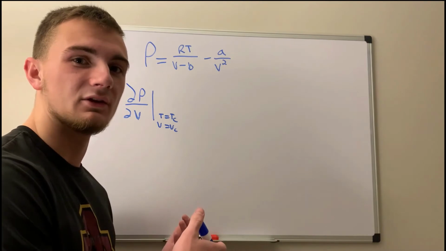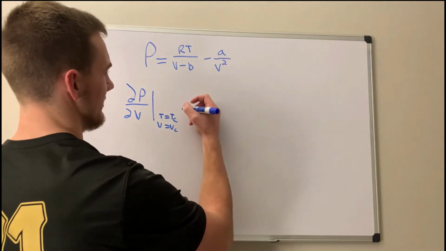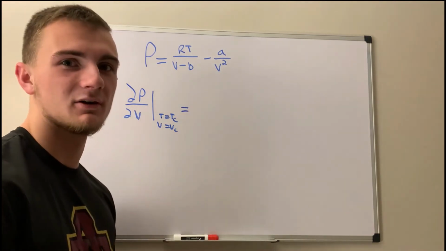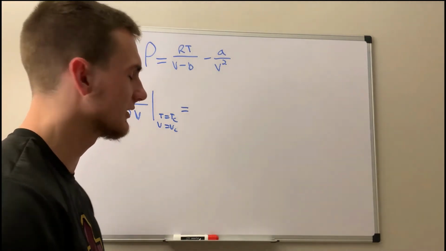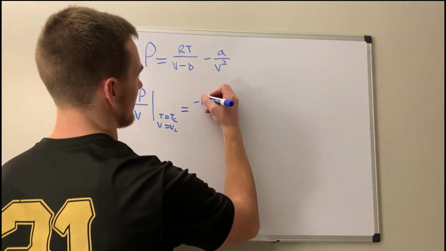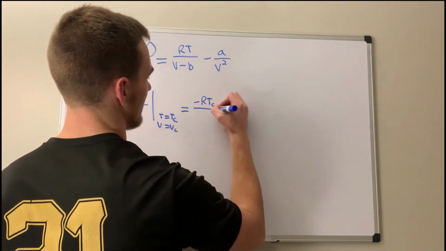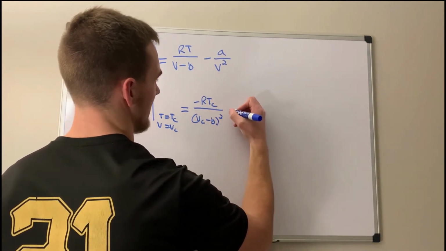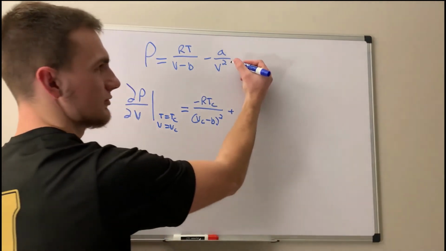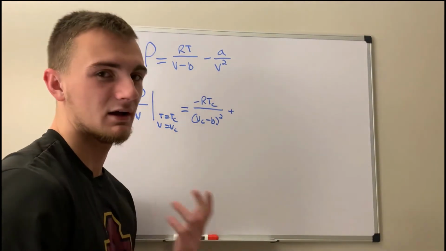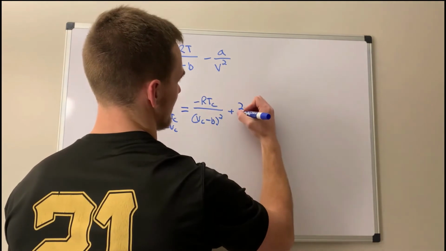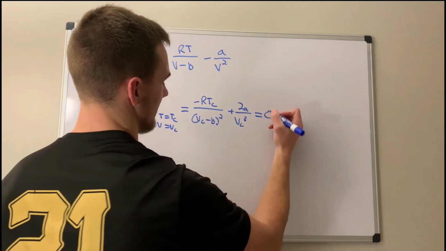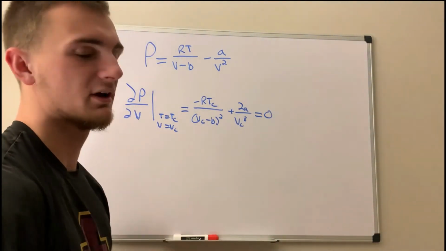So if we take the first derivative, with this V minus B term having an exponent of 1 in the denominator, we will have negative R TC over VC minus B squared, and adding the 2 to the denominator exponent, plus 2a over VC cubed. And again, this is set equal to 0. So this is our first derivative, set equal to 0.